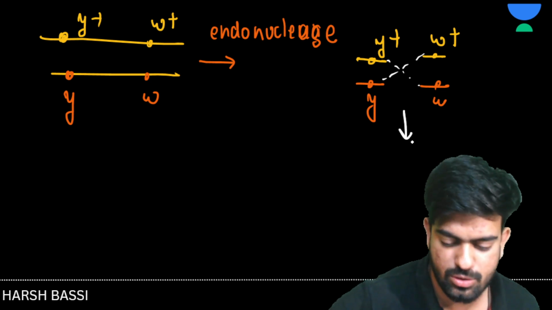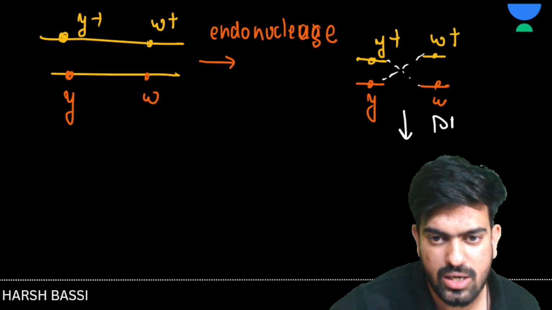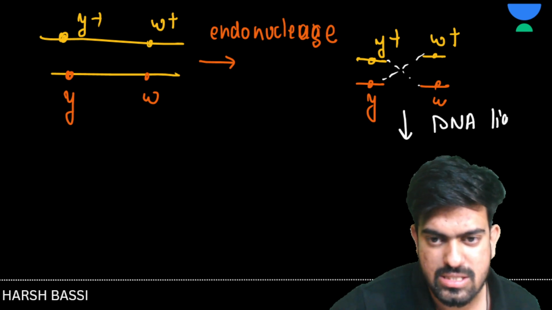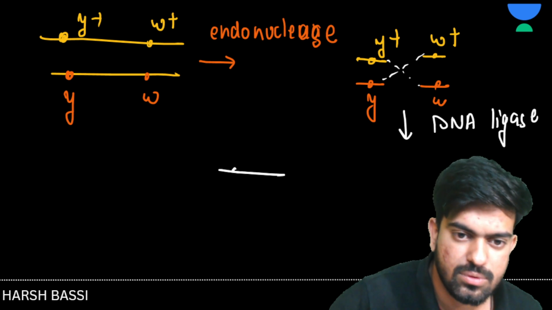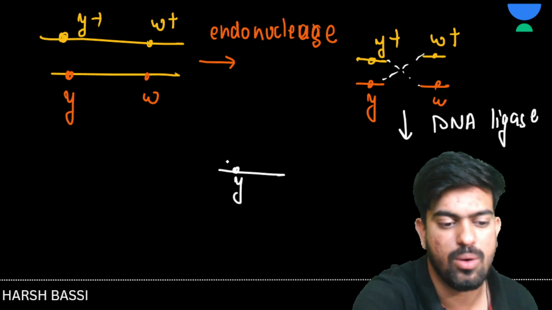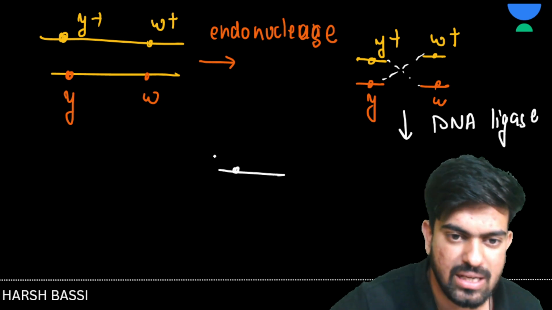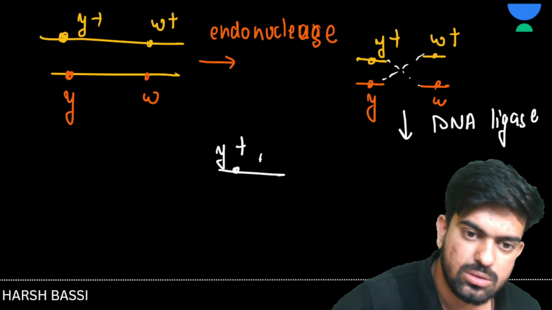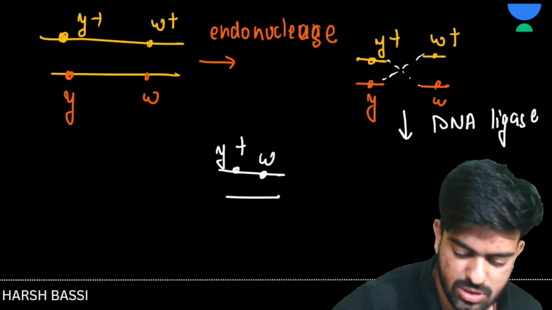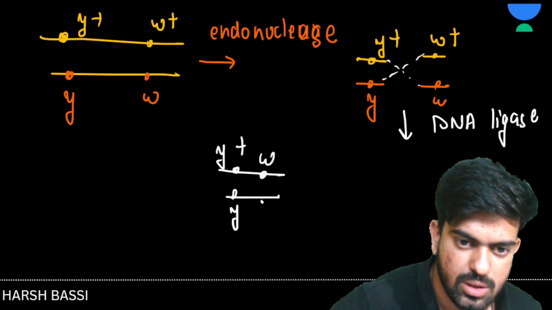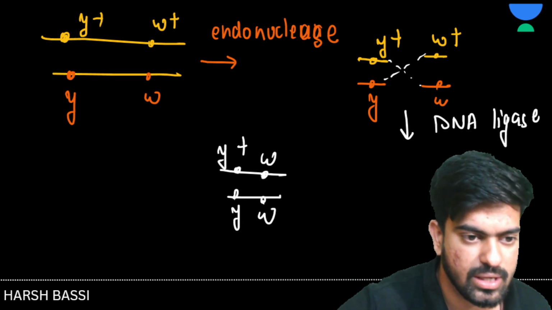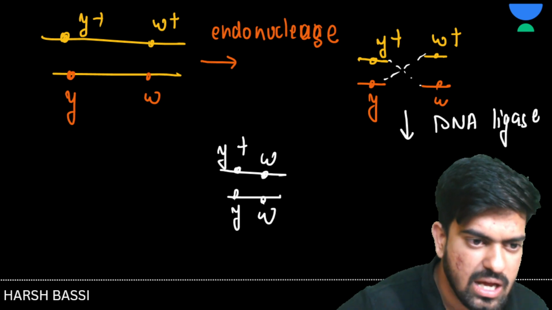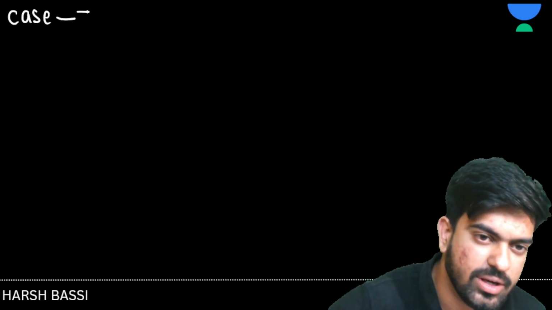So during the crossing over, we have another enzyme which is the DNA ligase, and the new combinations are formed like this. Okay, clear? This is how the new combination is formed. Now it's clear how the new combination is being formed. Yes? Okay, great. Now, after this, let's come to the second cross of Morgan.